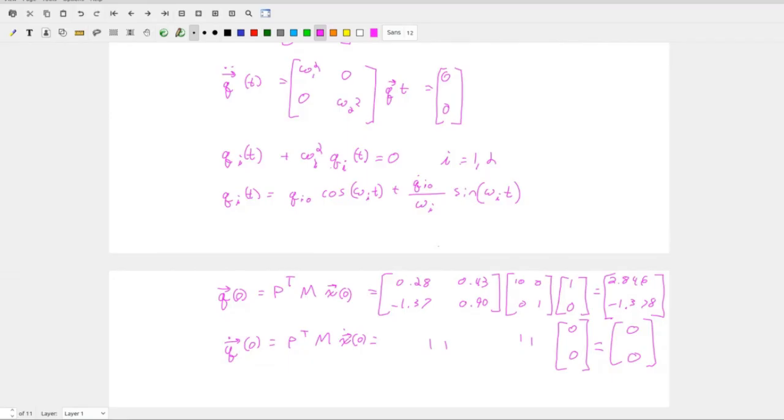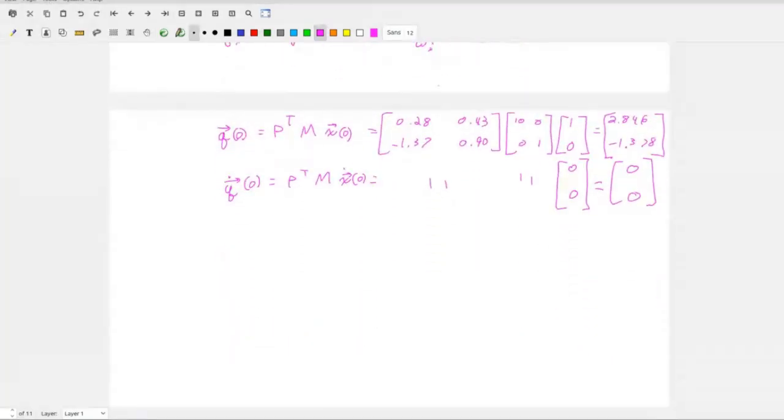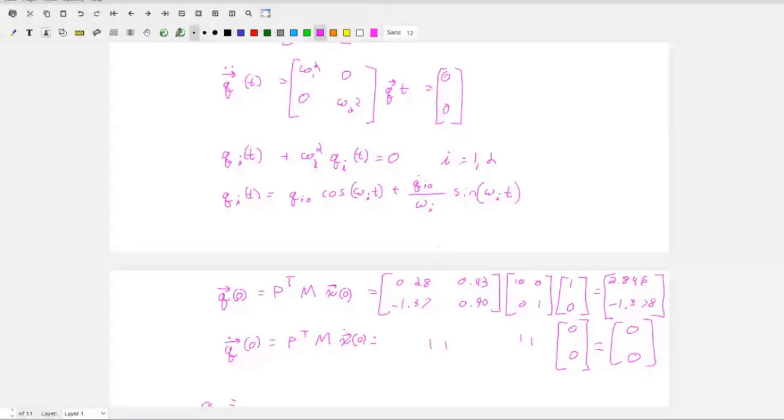So now we can go ahead and get functions for Q1 and Q2. So Q1 is equal to Qi naught, which is going to be 2.846. Does that make sense? This and this.